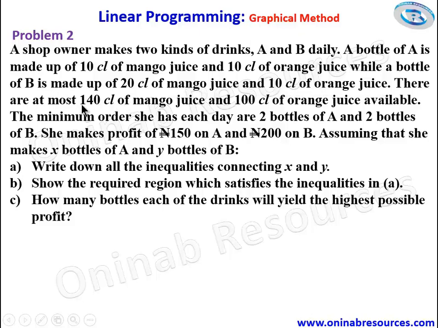There are at most 140 centiliters of mango juice and 100 centiliters of orange juice available. The minimum order she has each day are 2 bottles of A and 2 bottles of B. She makes profit of 150 naira on A and 200 naira on B.